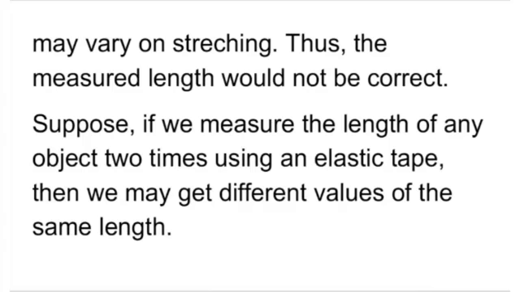Suppose we measure the length of any object 2 times using an elastic tape, then we may get different values of the same length. It means the measured length cannot be accurate. Okay?